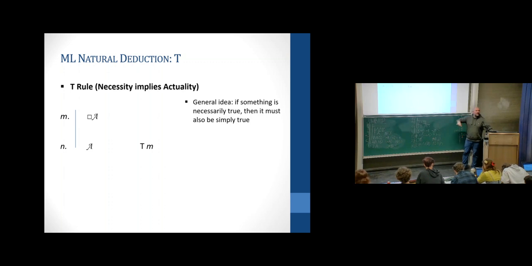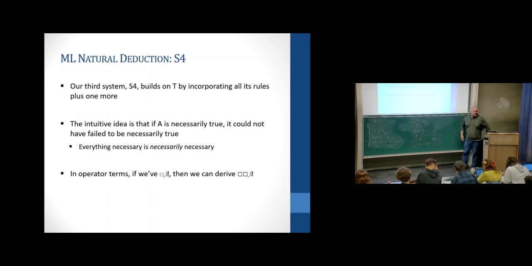So we got T, okay? Again, T is a really handy rule, a very sensible rule. Our third system, S4, builds on T by incorporating one further move. The idea for S4 is kind of funny on its face, but it makes sense. It's that, look, if something is necessary, then its being necessary couldn't fail to also be true.